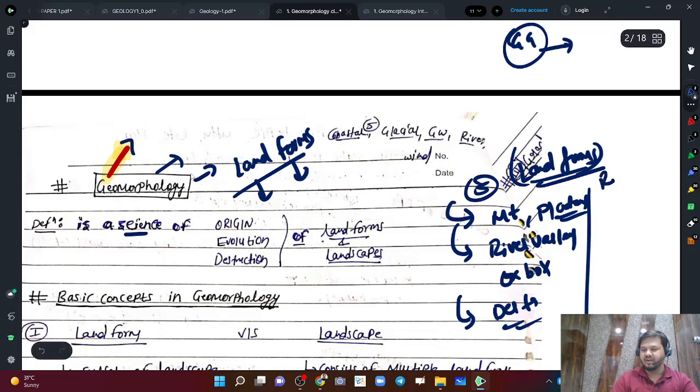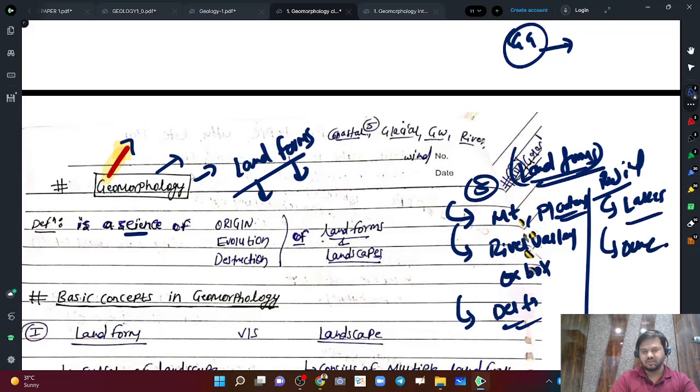Then there are also landforms created by wind. In deserts you'll see some kinds of lakes, known as playa lakes. In deserts you'll also see dunes. Then there are glacial landforms. We live in a tropical country, so we don't have a chance to see glacial landforms.